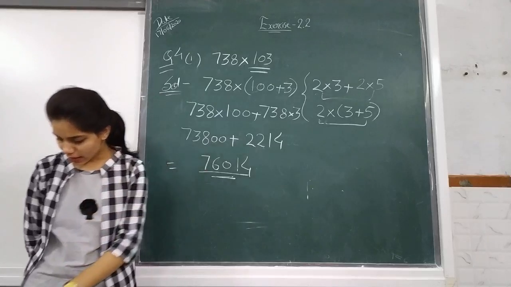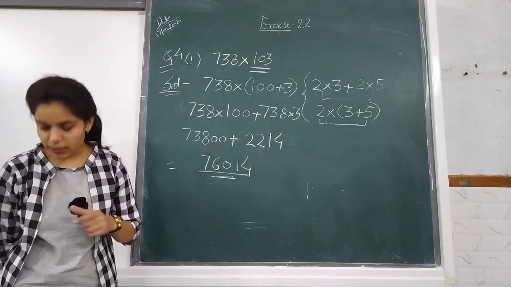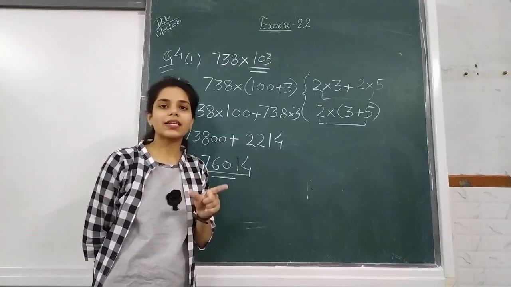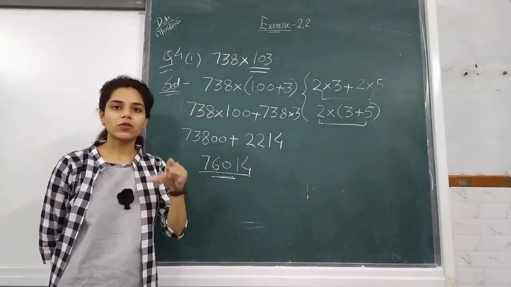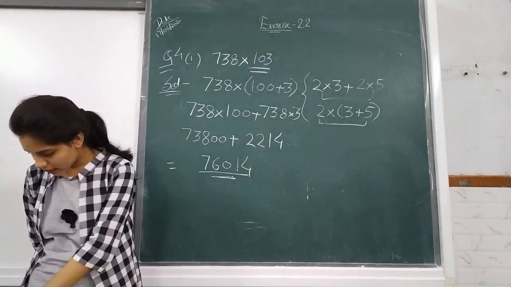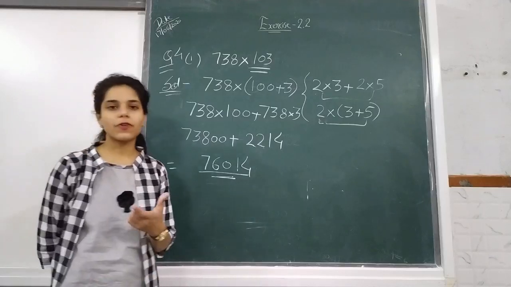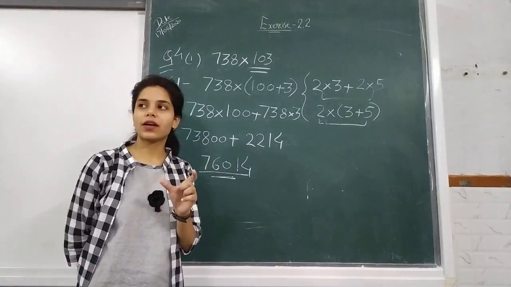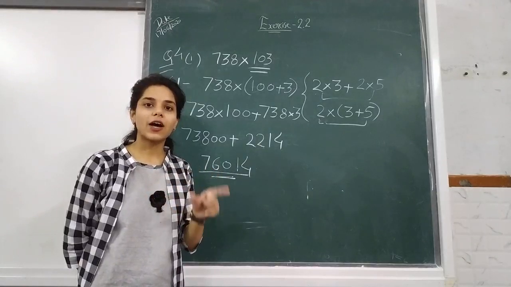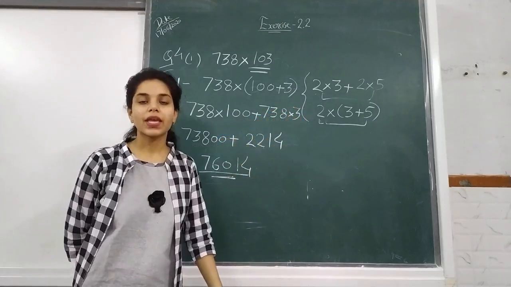In its third part you can write 1008 as 1000 plus 8 and solve like this only. And in its fourth part you can write 1005 as 1000 plus 5 and apply the distributive property.